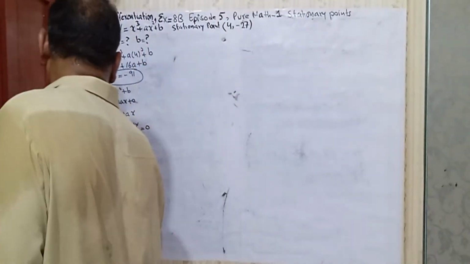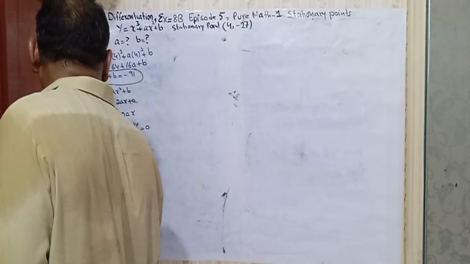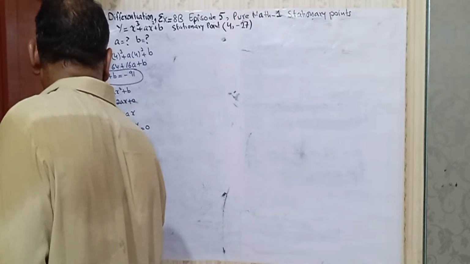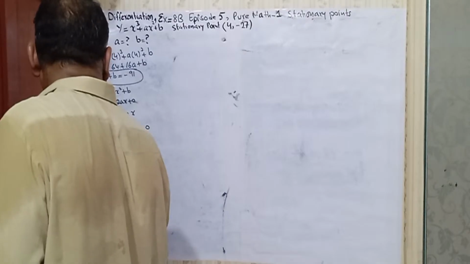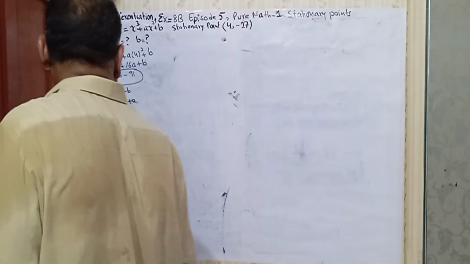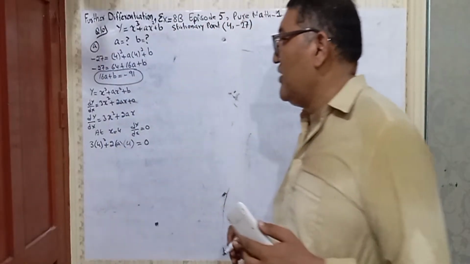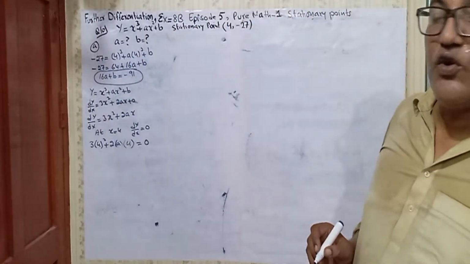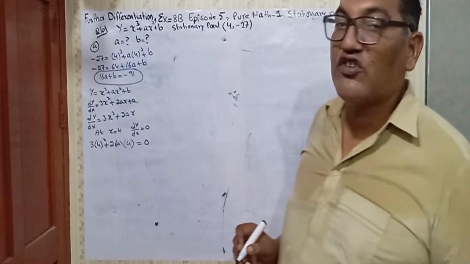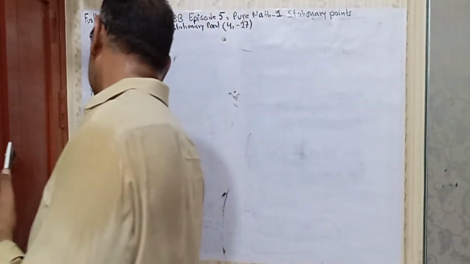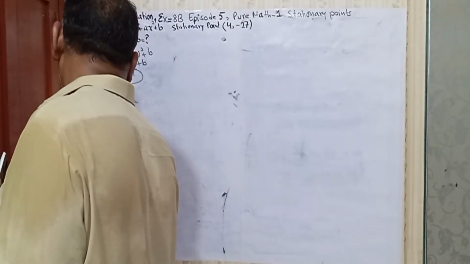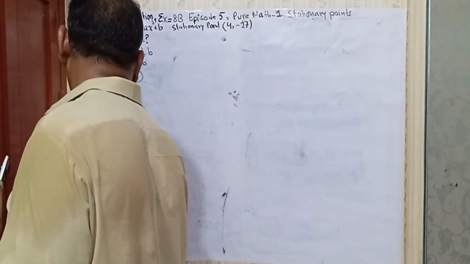So I will make this 0: 3 into 4 squared plus 2 into a into 4 equals 0. In the place of x, I have put 4, and I have made the expression of dy/dx equal to 0. So 3 times 16 is 48, plus 8a is equal to 0.